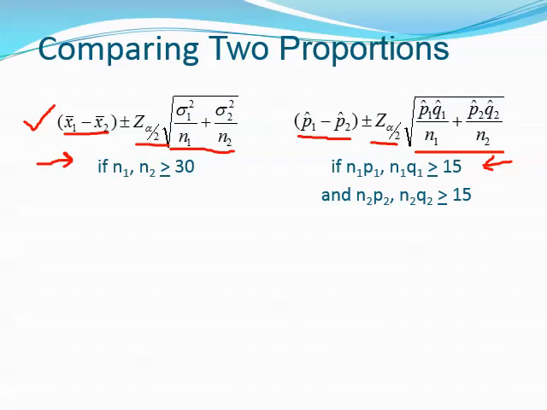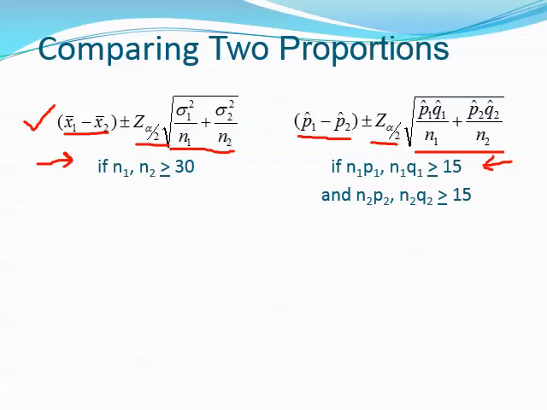Now all I'm saying is we have the same sample size criteria, but we have two samples to consider, sample 1 and sample 2. That's why the subscripts are here. N1P1, N1Q1, N2P2, N2Q2 all have to be greater than or equal to 15. If that's true, then you have a large enough sample that the formula can be used.